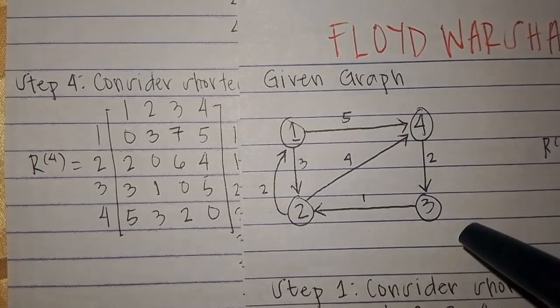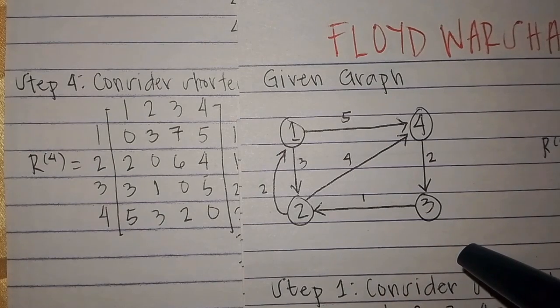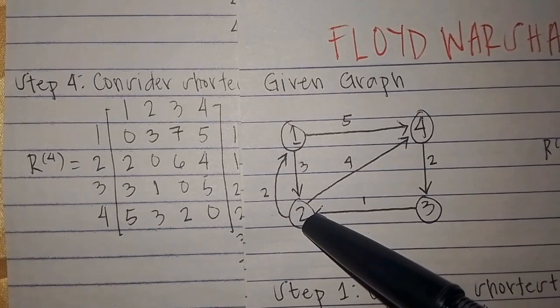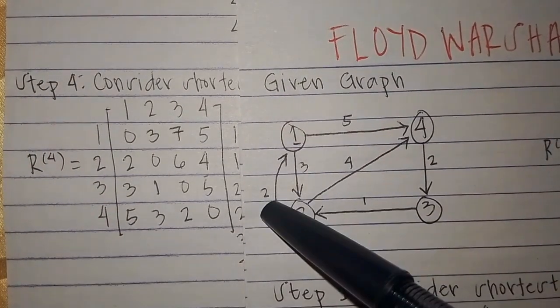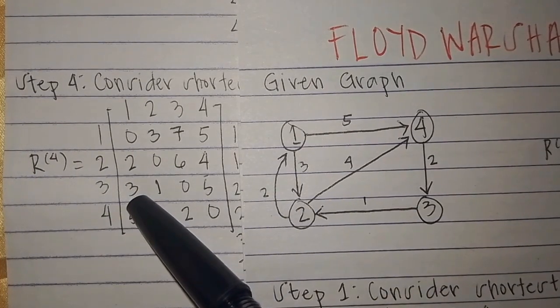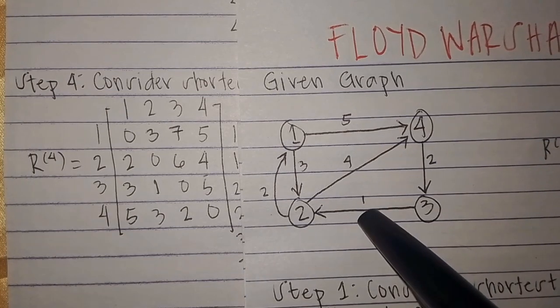Next is 3 to 1. As you can see, there is no direct path. So through the vertex 3, we need to consider 3 to 2 and 2 to 1. So 1 plus 2, it's 3. So 3 to 1 is 3. And 3 to 2, the distance is 1.